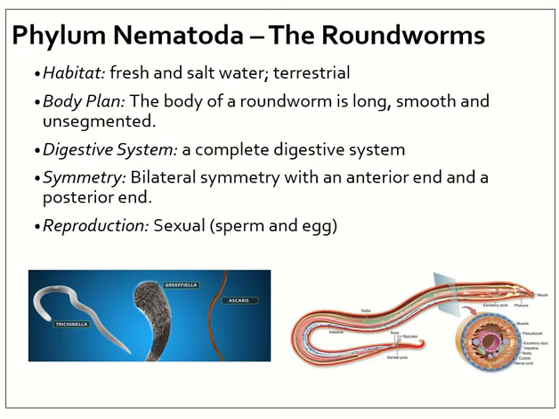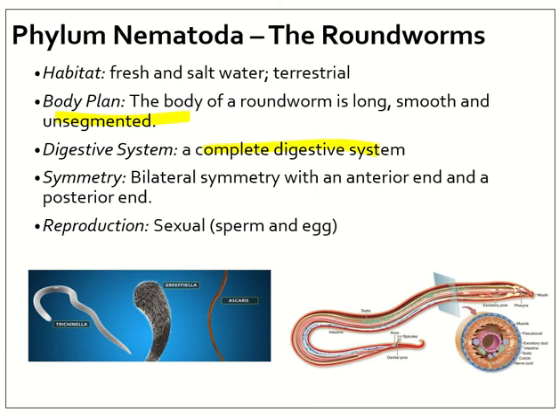The nematodes are what's known as your roundworms. Ascaris, which is a roundworm, is one of the examples for this nematode phylum. They are going to be freshwater or saltwater. They have an unsegmented body, whereas annelids have a segmented body, like your earthworm.